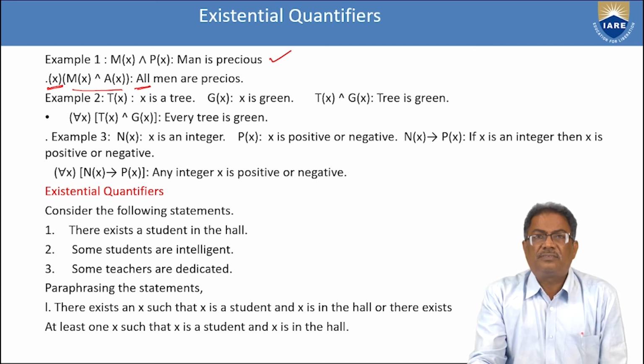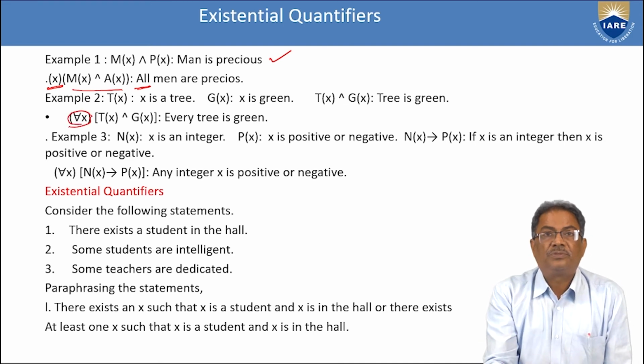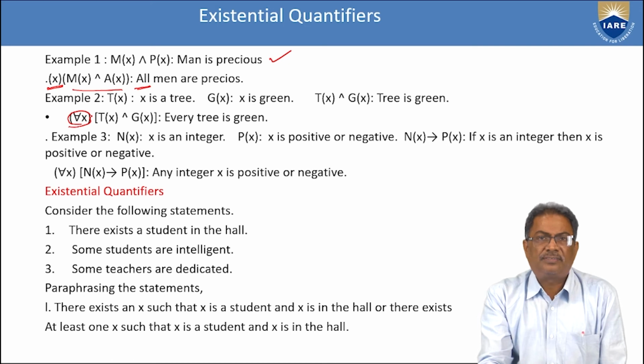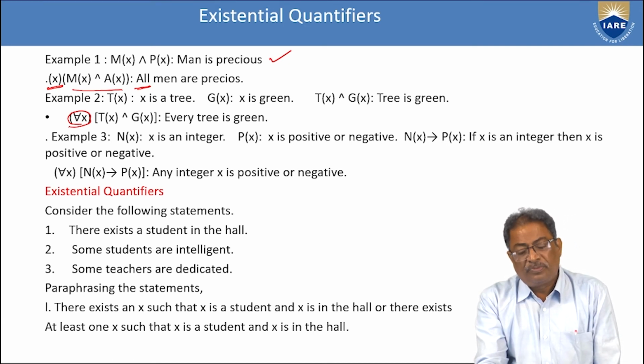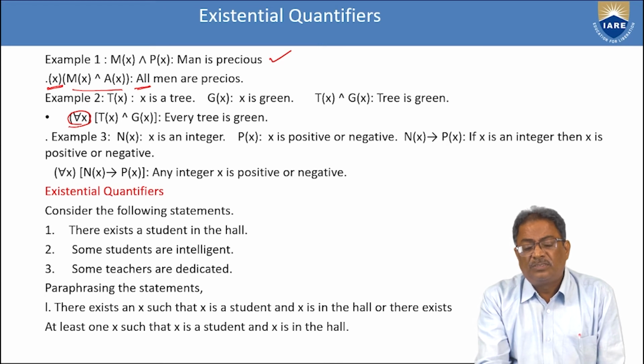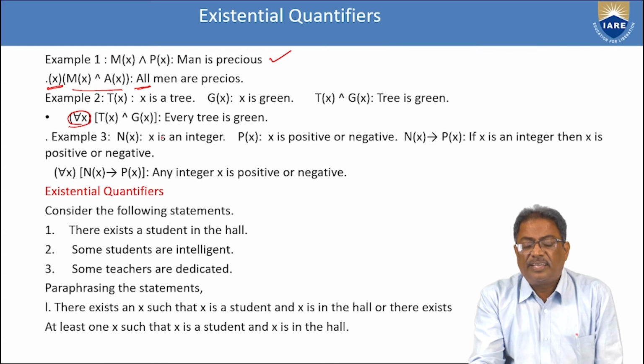Let us go for the second example. As discussed earlier, we keep one quantifier. For every x, T of x and G of x: x is a tree and x is green. So every tree is green.